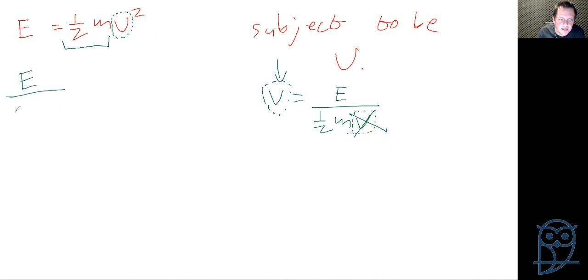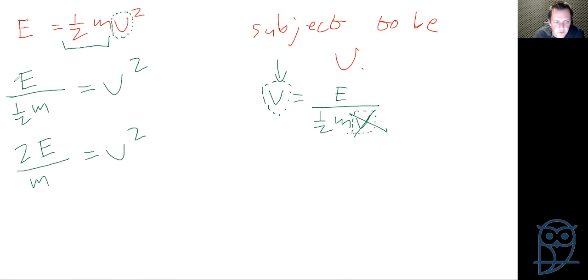So we get E over a half m, which equals v squared. Now, if you divide by a half, that is the same as timesing by 2. And we know this because of your tip and times rule. So that's actually 2e over m, which equals v squared.